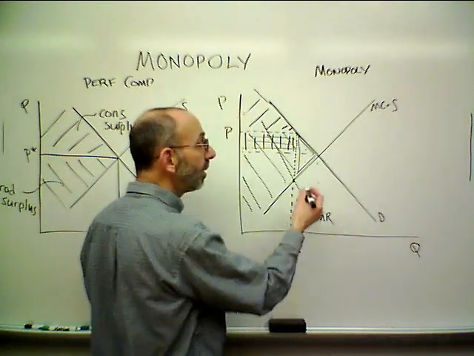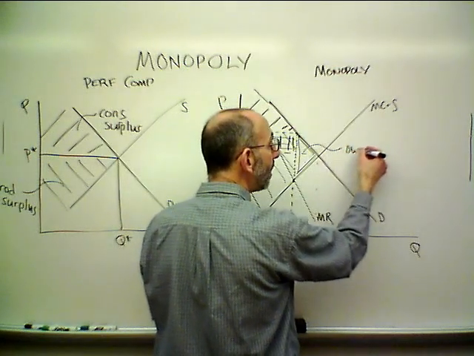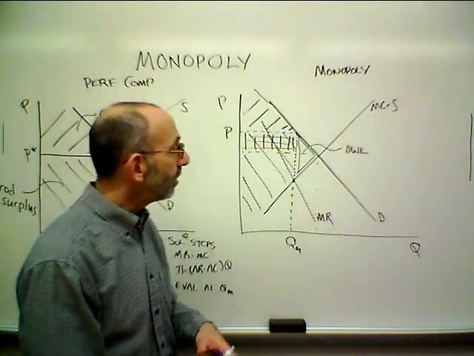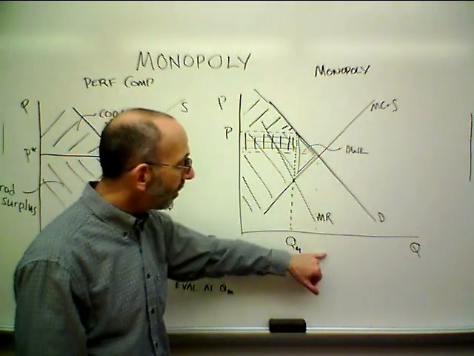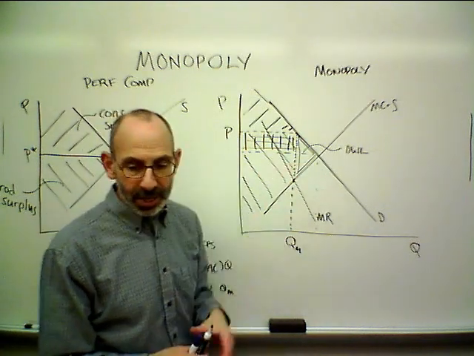It's not being produced any longer, so this whole wedge becomes the dead weight loss. In summation, monopolies result in lower quantity, higher price, and dead weight losses.